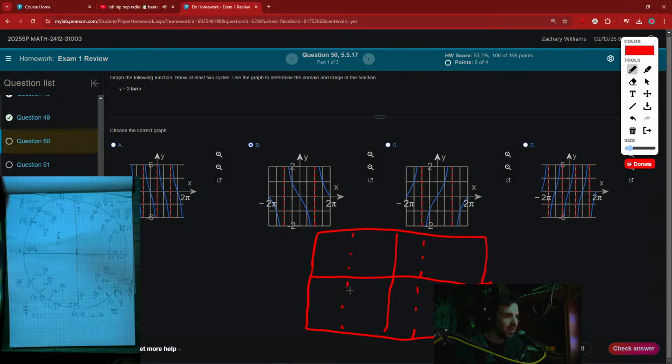So to start over on pi over 2. And the amplitude doesn't really mean anything. It's like a vertical stretch, but that doesn't change much here.